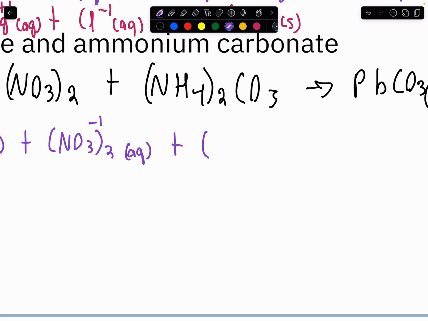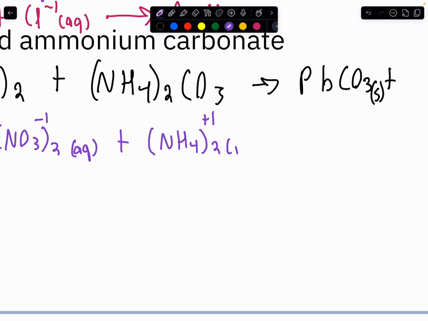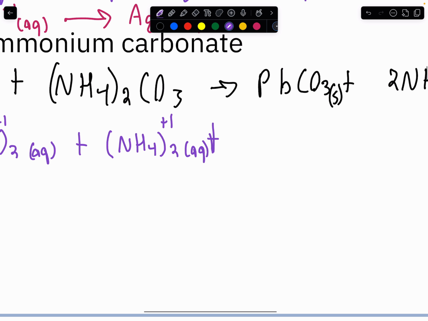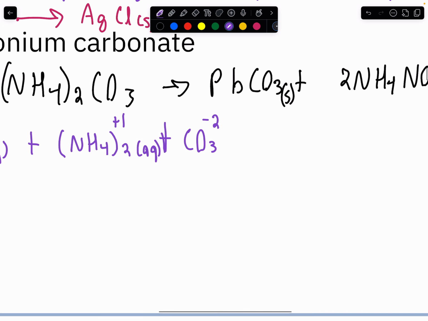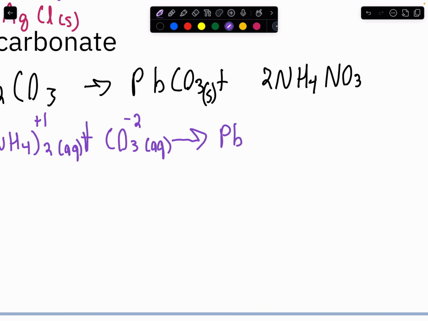Then NH4, 2. This is going to have a +1 charge, but there's going to be 2 of them, aqueous, plus our CO3, which is a -2, aqueous. Which then we get our lead carbonate solid.